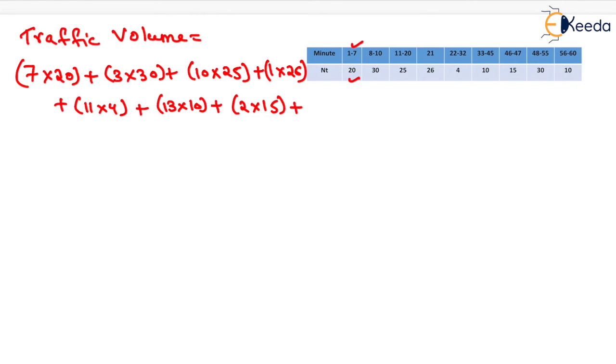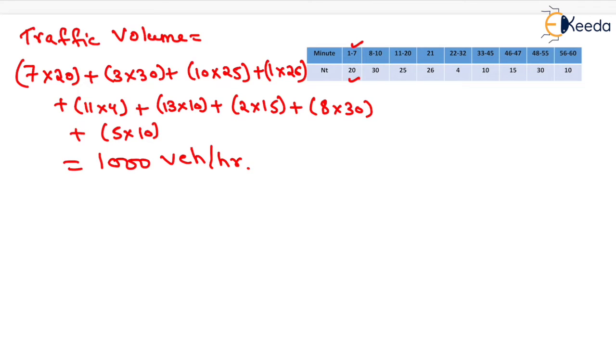Plus from 48 to 55 there will be 8 minutes, so 8 into 30. Plus from 56 to 60 there will be 5 minutes, so 5 into 10. On solving this we will have total traffic volume equal to 1000 vehicles per hour.